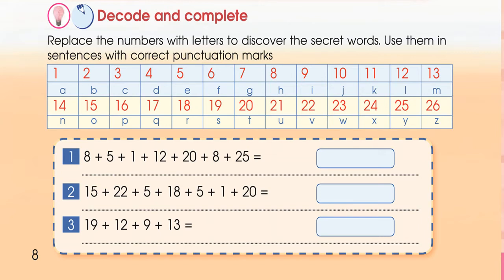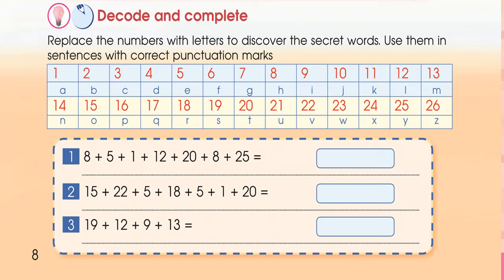Here, decode and complete. Each number of these numbers, replace the numbers with letters to discover the secret words. Use them in sentences with correct punctuation mark. Okay? Every number of these numbers contains a letter.